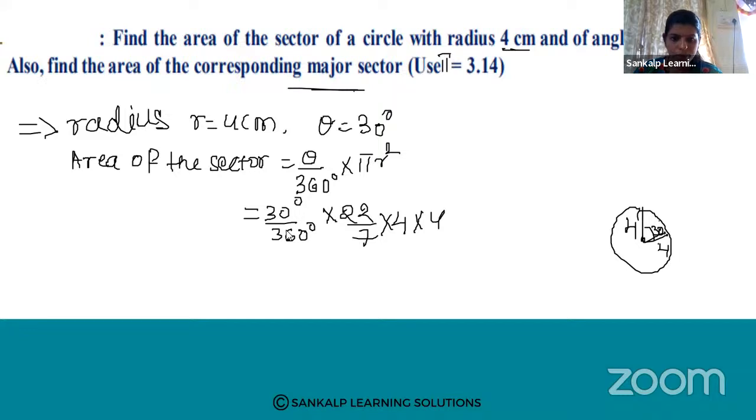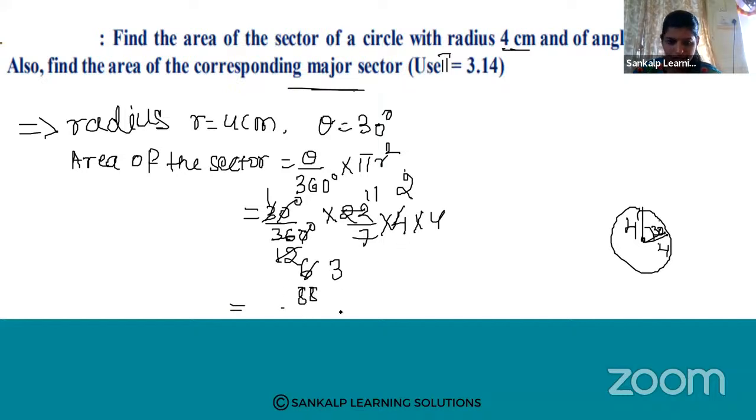Now the zeros get cancelled. 3 1s are 3, 3 2s are 6, 12 and so on, giving 32. Does anything else divide? No. So 1 into 11, 11 into 2 is 22, 22 into 4 is 88.